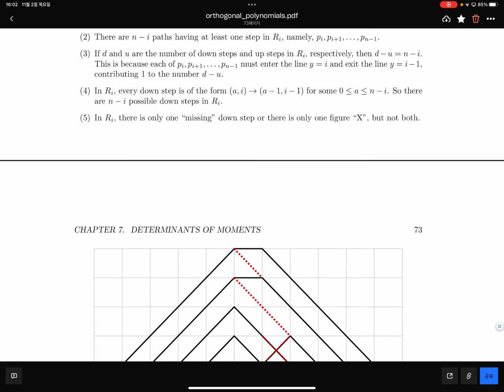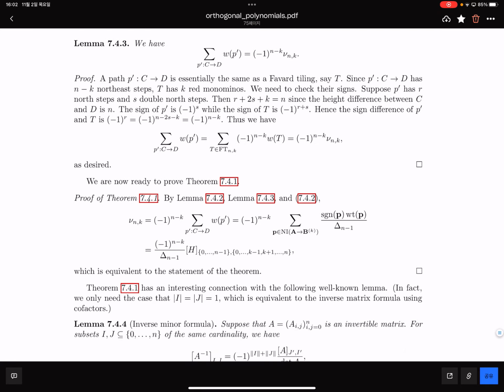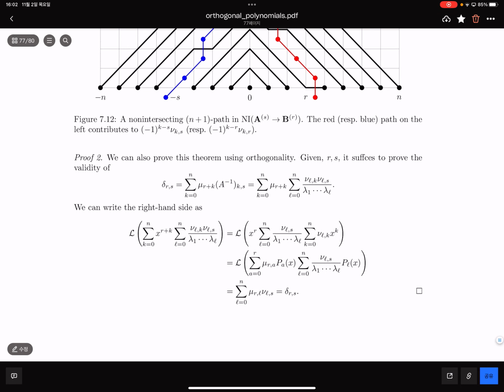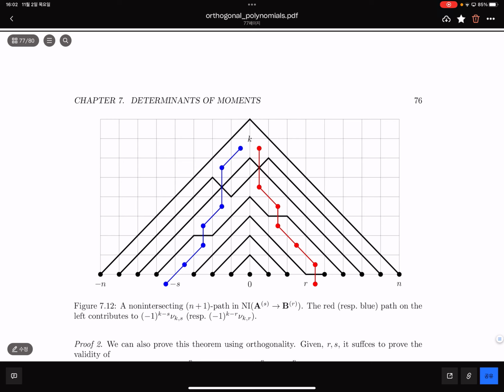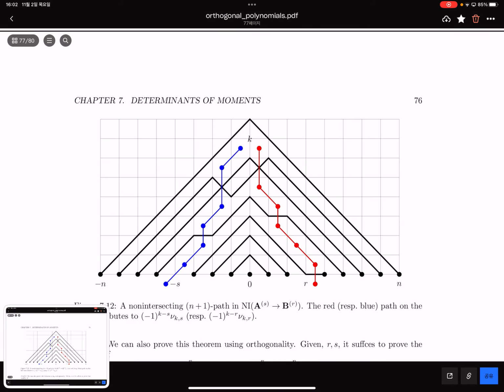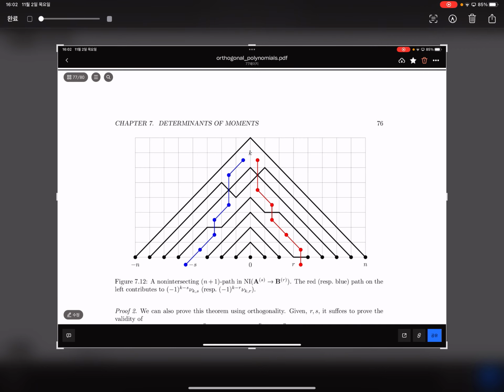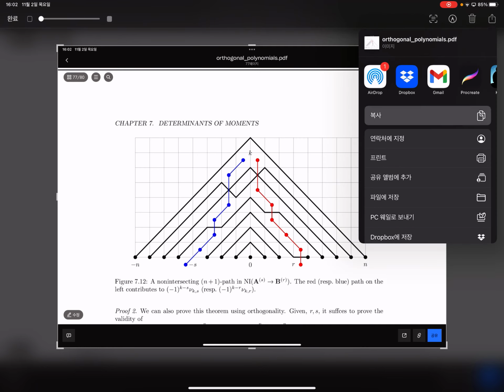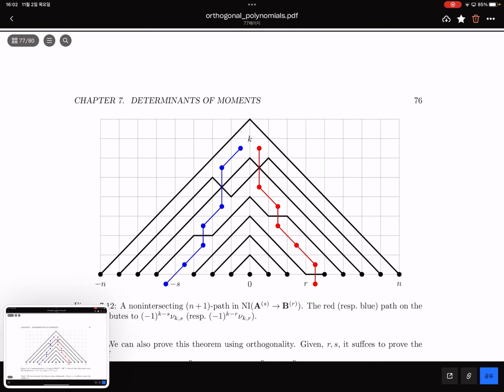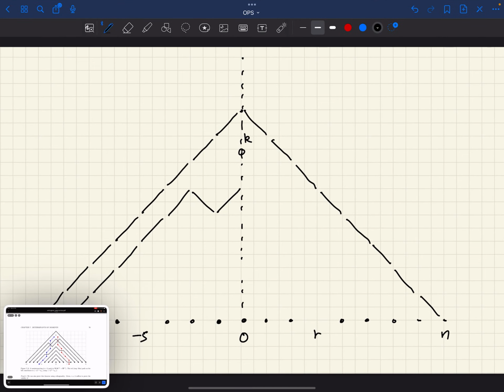Where is it? This one. There it is. Can I take a screenshot? Yeah, let's start over.